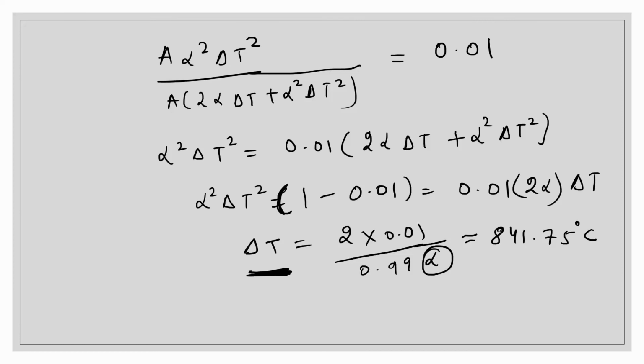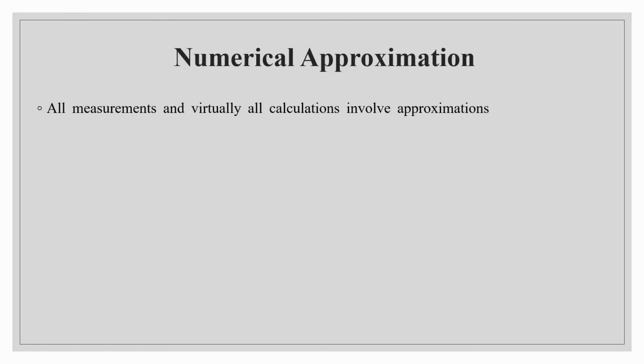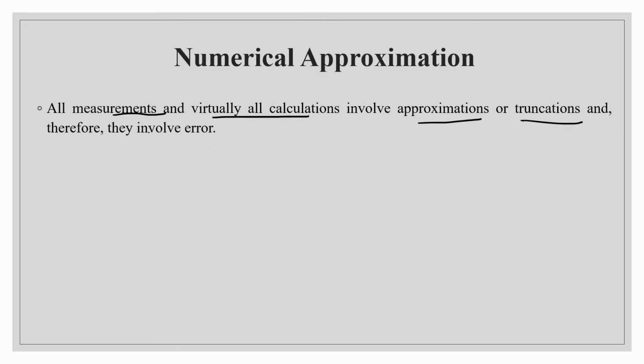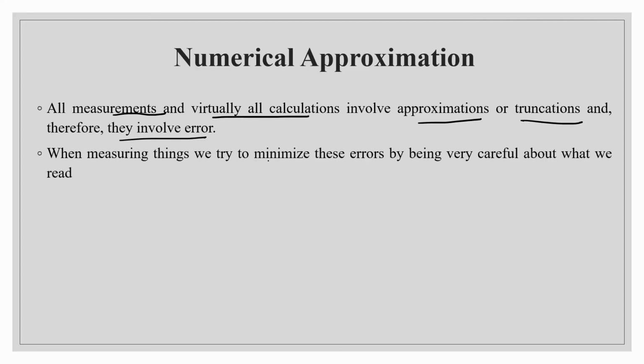Now we will look at what numerical approximation is. As you know, all the measurements and all calculations involve approximations or truncations, and therefore they involve some kind of error. To minimize these types of error, we should be very careful about what we read and record.